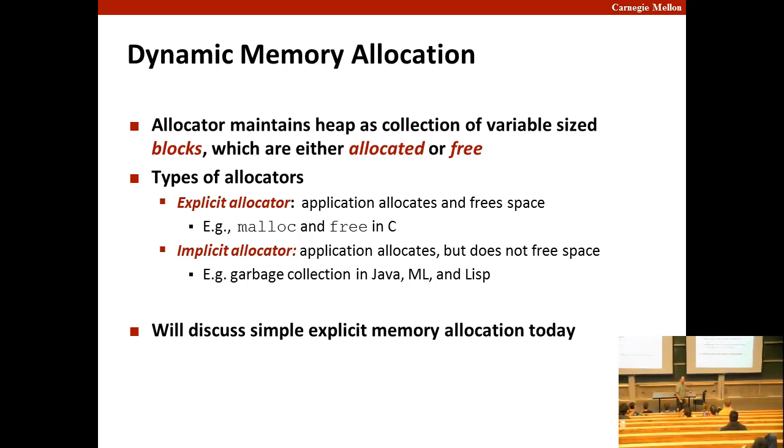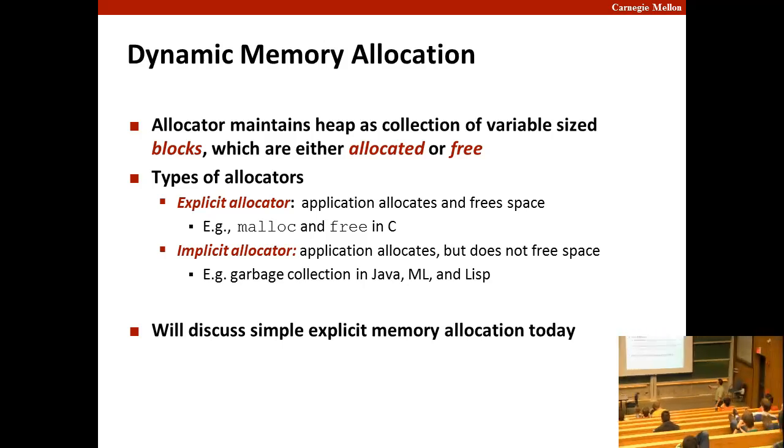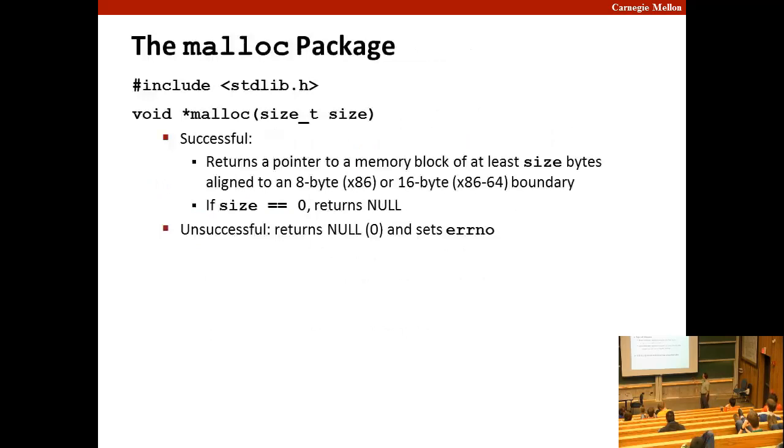Different than Ruby or Python or Java, which are garbage collected languages. We ask when we want something, but then it's up to the runtime environment to figure out when we're done and to take it back. So an explicit allocator is characterized by us having to explicitly ask to give something back, and an implicit allocator is characterized by us not having to ask to give it back. Okay?